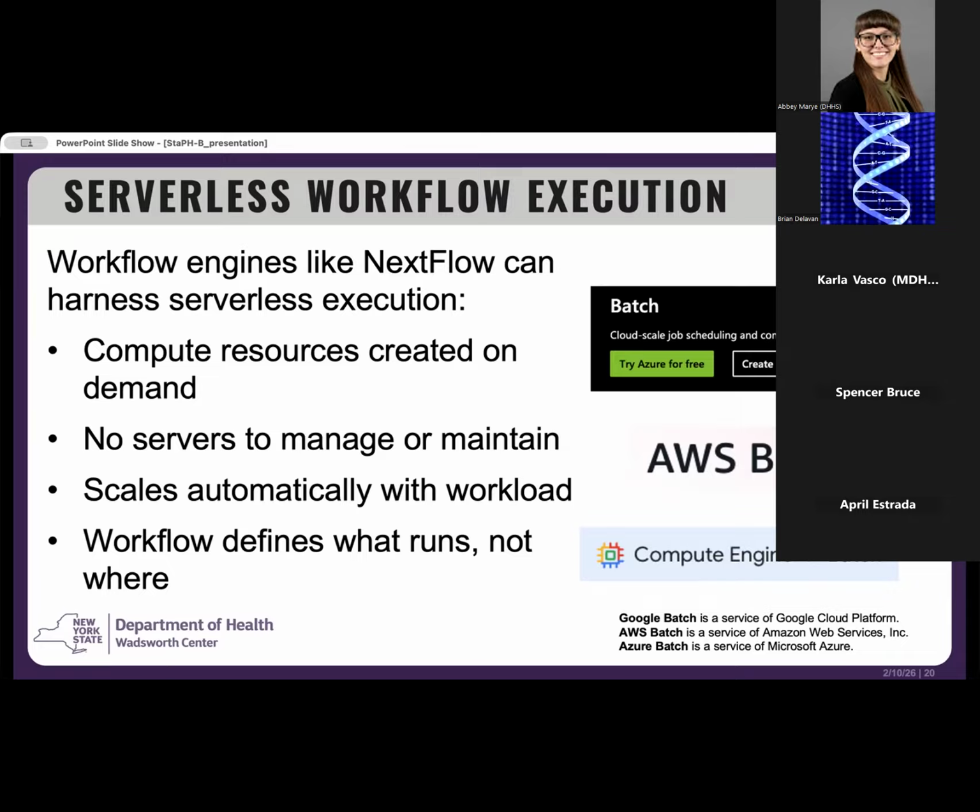The examples shown here, AWS Batch, Google Batch, and Azure Batch, are all services that provide this kind of on-demand managed execution. I've been calling it Nextflow, but so everybody's aware, Nextflow has rebranded as Seqera. So we use Seqera Tower to execute our serverless workflows here. And you can submit tasks to these services without having to directly manage the underlying infrastructure.